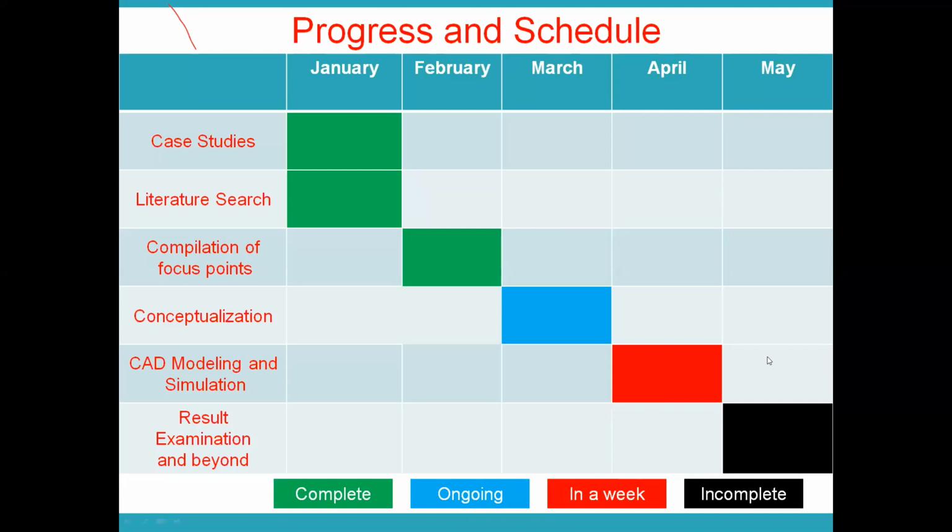In a week we expect to start developing the CAD model and performing simulation. The last phase would be result examination from the simulation as well as the modeling results.